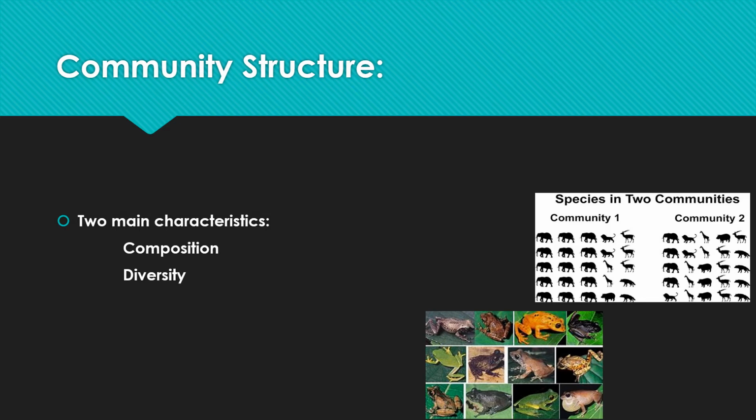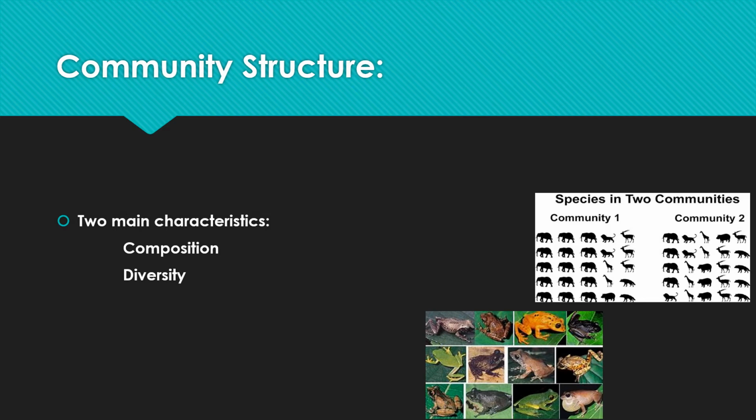So if we compare and contrast the image on here, we're looking at community 1 and community 2, and we see elephants, lions, giraffes, gazelle, and it looks like monitor lizards. Again, I can't see because it's such a small image, but if you compare and contrast and actually do the numbers, they're the same.